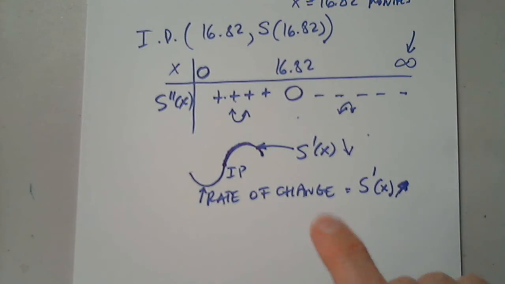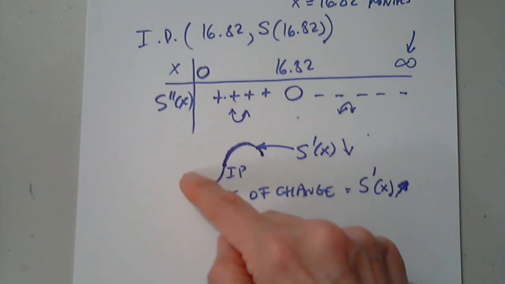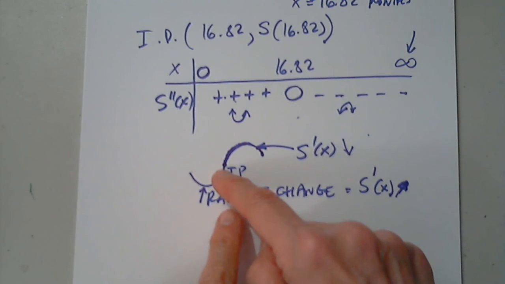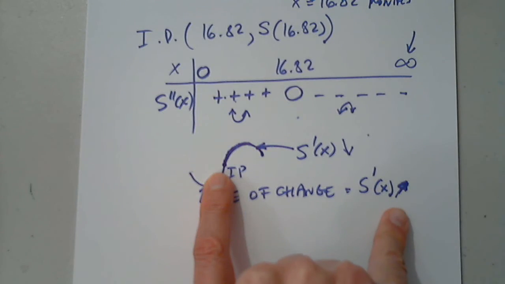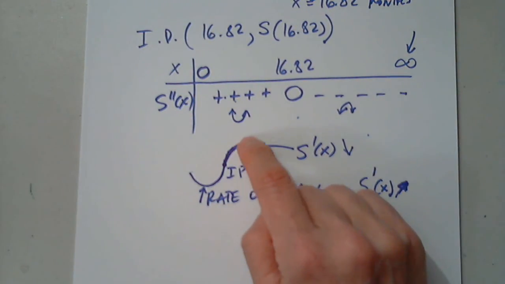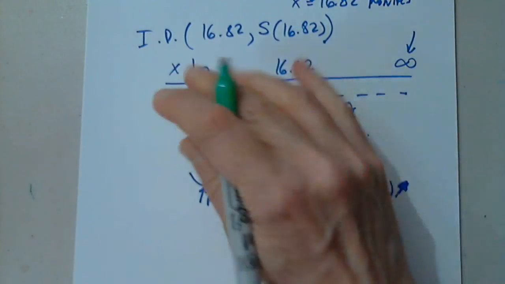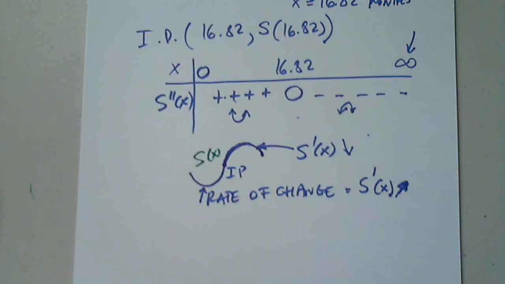When the second derivative is positive, the function looks like this. What happens to the rate of change? It's increasing. When the second derivative is negative, the function looks like this. So this is the function s of x. Not exactly. We're not graphing the function. I'm just giving an explanation.